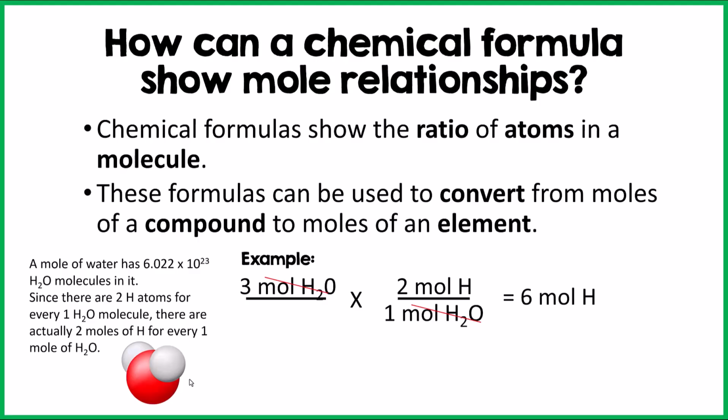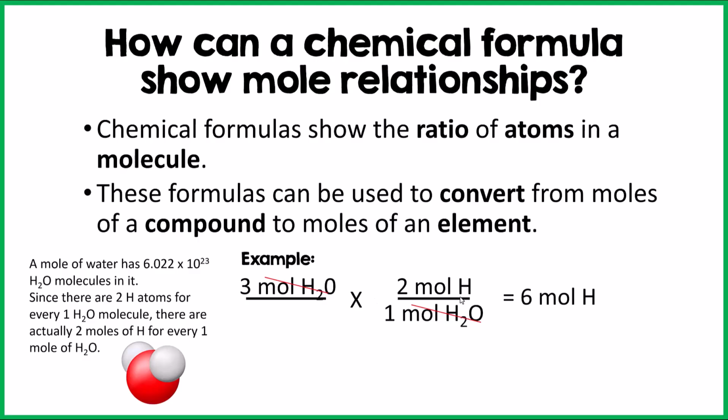Since there are 2 hydrogen atoms for every one H2O molecule, there are actually 2 moles of hydrogen for every 1 mole of H2O. So if we want to see how many moles of hydrogen are in 3 moles of water, we take 3 moles of water, and there's 1 mole of water, 2 moles of hydrogen for every 1 mole of water.